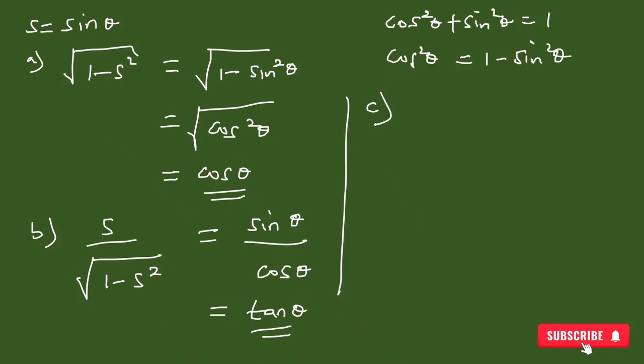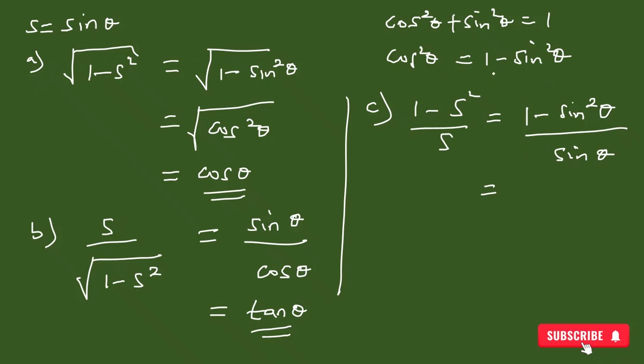Part C, we are simplifying 1 minus s squared over s. Let's substitute. Our s is a sine. Because there's a square here, this will be 1 minus sine squared theta over sine theta. We go back to this identity. We already found out that 1 minus sine squared theta is the same as cos squared theta, over sine theta. So we can write this in a nicer way.